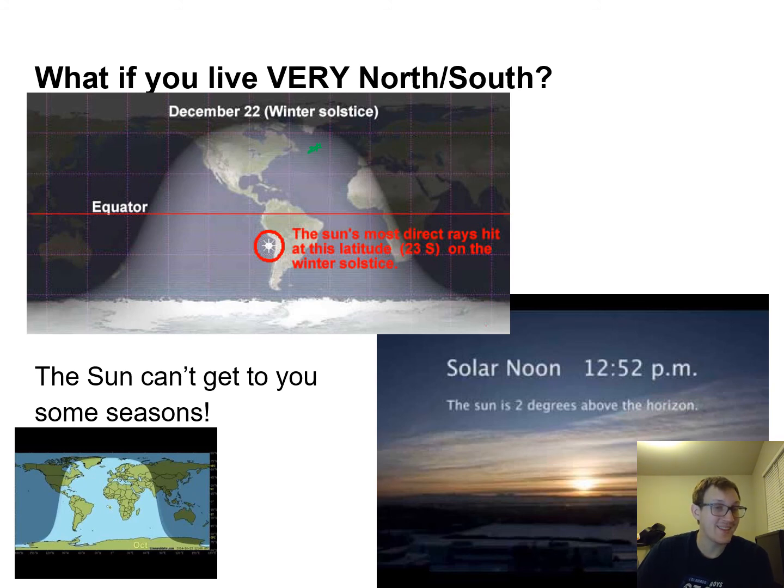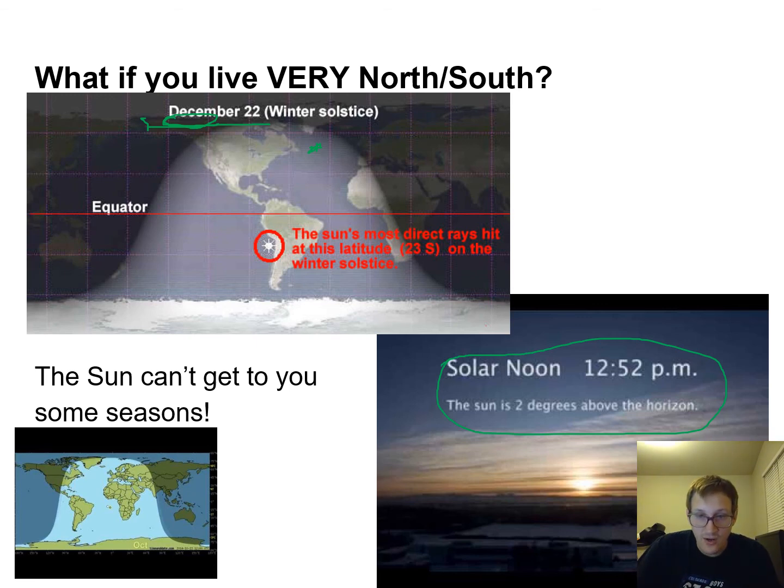This is when the Earth is tilted away. Notice how even as we rotate and this moves straight across, there are going to be places up here that see virtually no sun. So for example, I'm guessing this is probably Alaska or northern Canada or something like that.